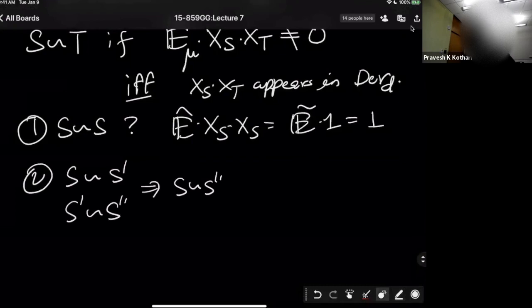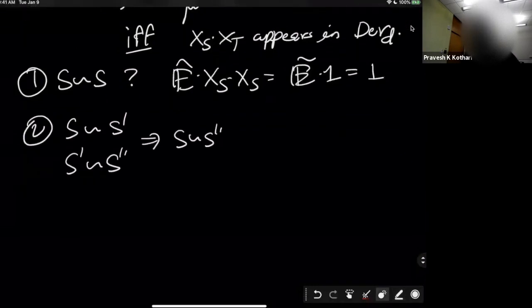Why is this true? Well, let's understand. This is really a comment about our derivation procedure. If S and S prime are related, when are they related? They are related if the XOR of S and S prime is a monomial of size at most D, because that was our derivation procedure.